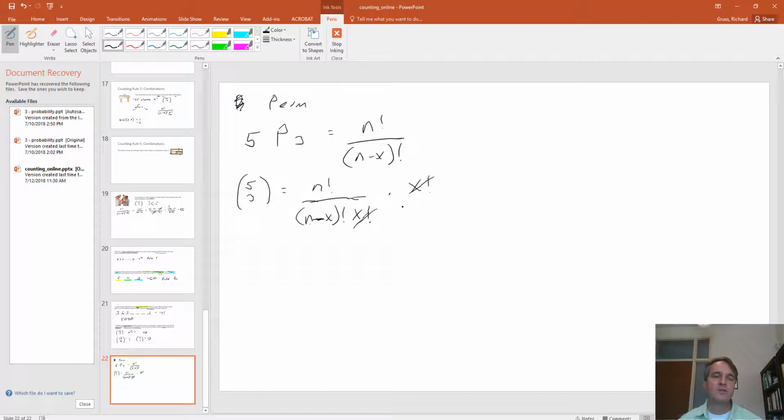Okay, so if you think about a permutation problem as actually, first you select the subset, and that's going to be a combination problem. Then you have to rearrange them. That's going to be a permutation problem. Then suddenly this permutation formula makes a lot of sense, because all you're doing is doing this two-step and then canceling the x factorials. Okay.